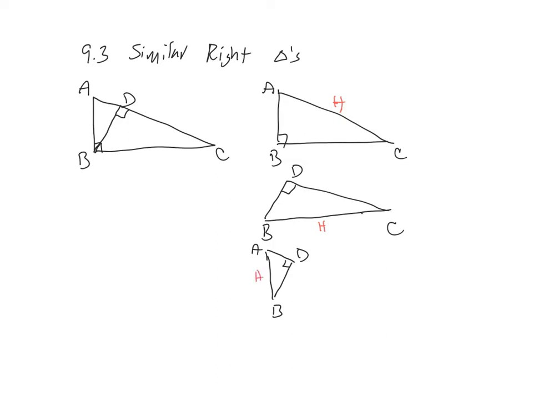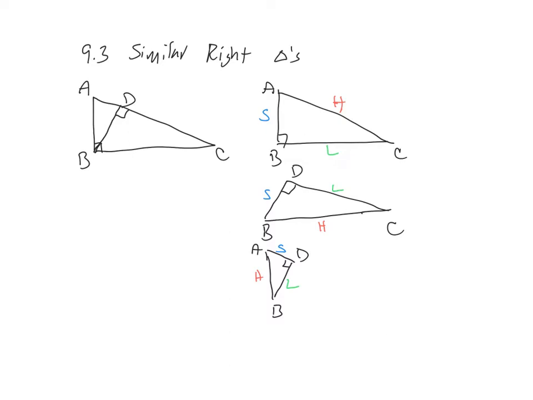Then we have S for the shortest side, and L for the longest leg. The longest side of all of them is always the hypotenuse. So if you know the hypotenuse is 12, the other 2 sides have to be smaller than 12.